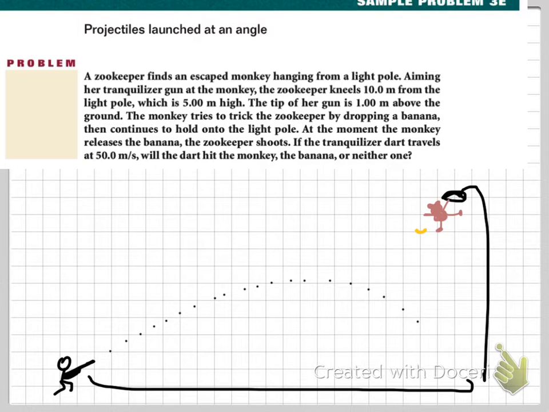At every single moment in its flight path, there is a y component to the velocity and an x component. Now, the x component isn't changing ever. It's constant.